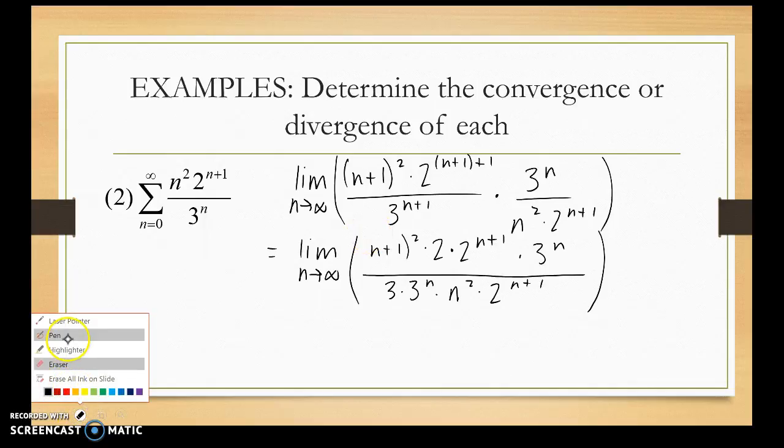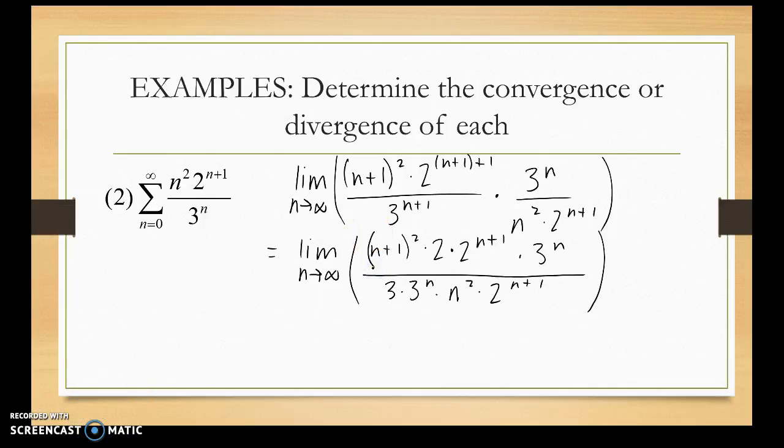So it becomes a matter of, okay, well, what terms am I going to need to cancel? Yes, technically, this is 2 to the n plus 2, which would become 4 times 2 to the n. But then you would have to split this up into 2 to the n times 2, and then 4 divided by 2. They just end up canceling to the 2 we have right there.